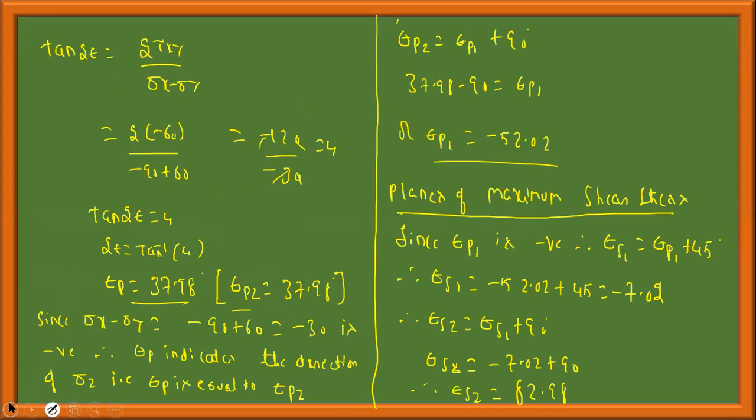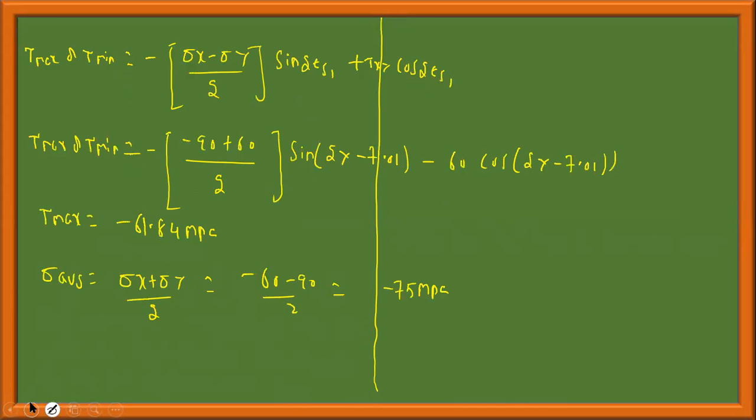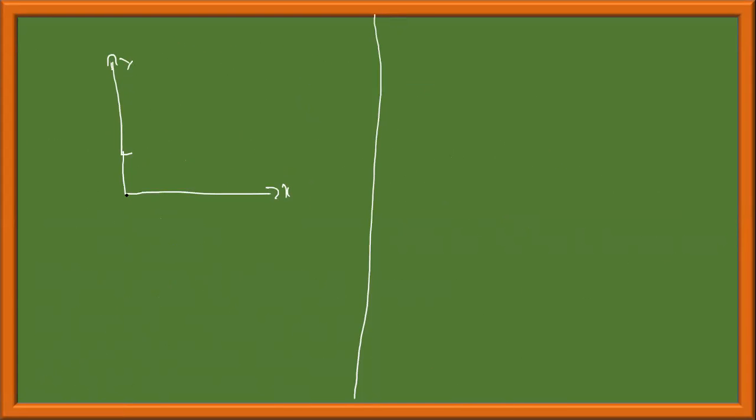Theta P1 is minus 52.02. It is anti-clockwise, which means it is negative 52.02.